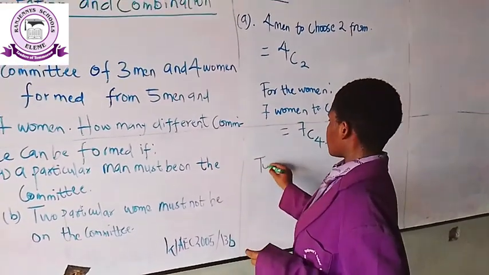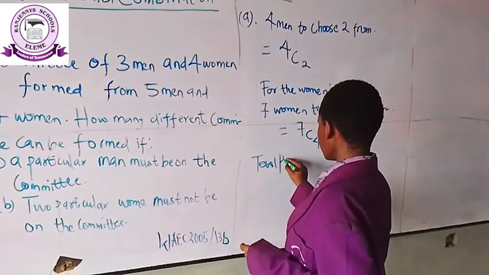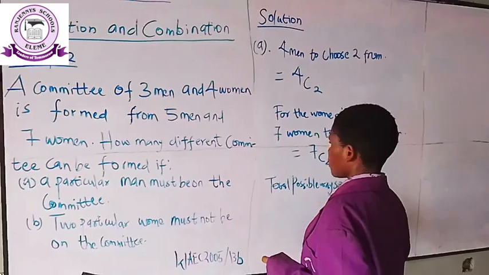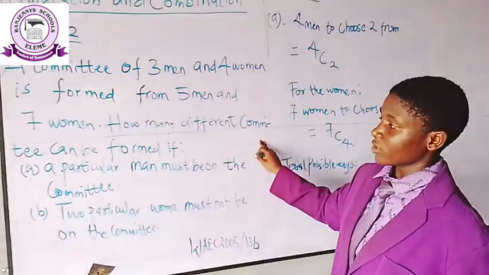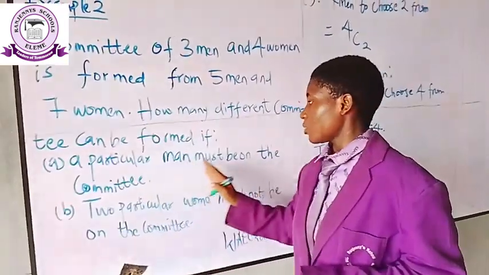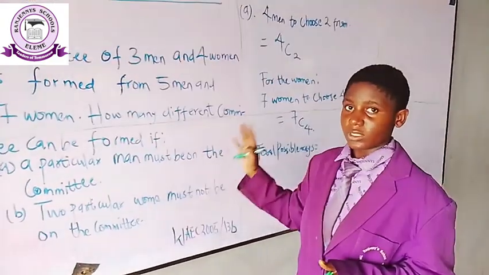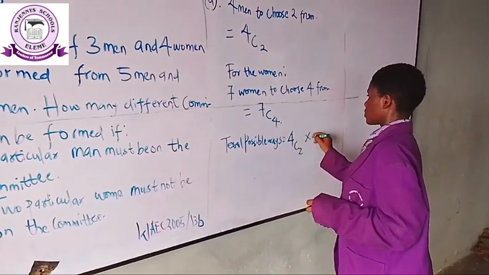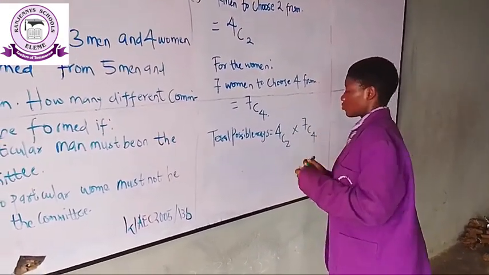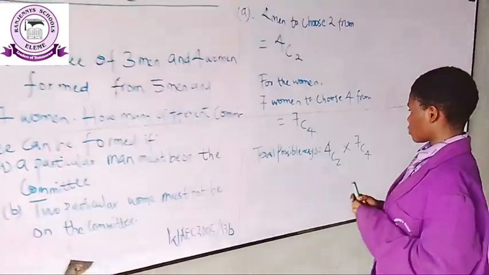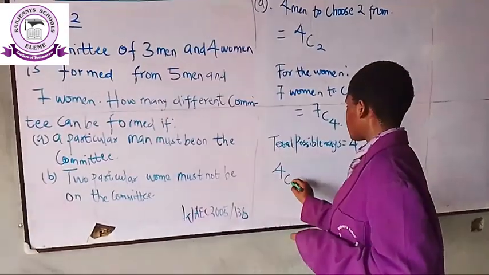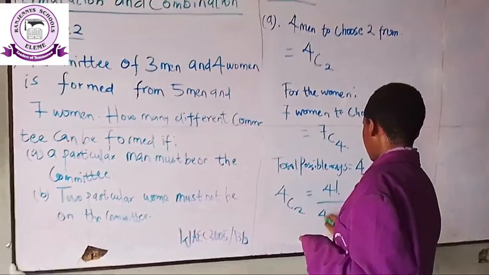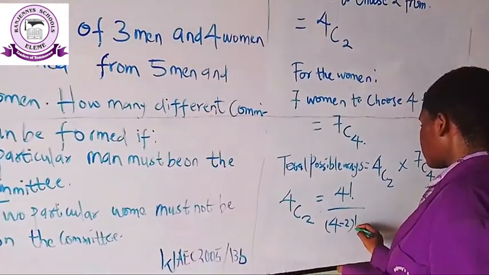To find the total possible ways of creating a committee where a particular man must be on it will be 4 combination 2 times 7 combination 4. Now let's expand this. 4 combination 2 is equal to 4 factorial over 4 minus 2 factorial times 2 factorial.